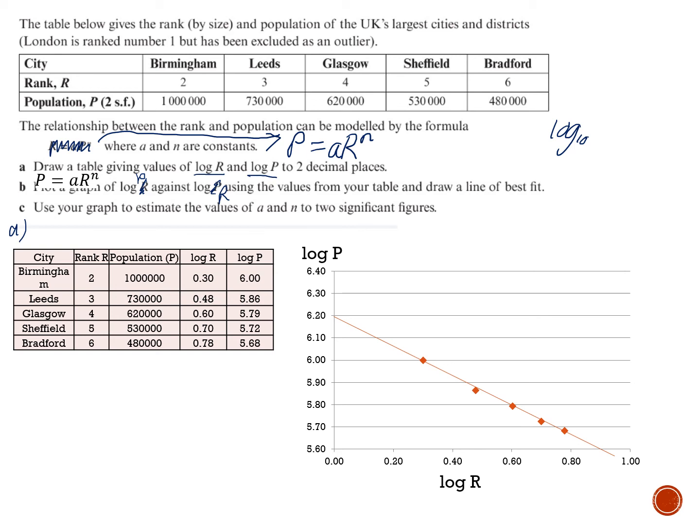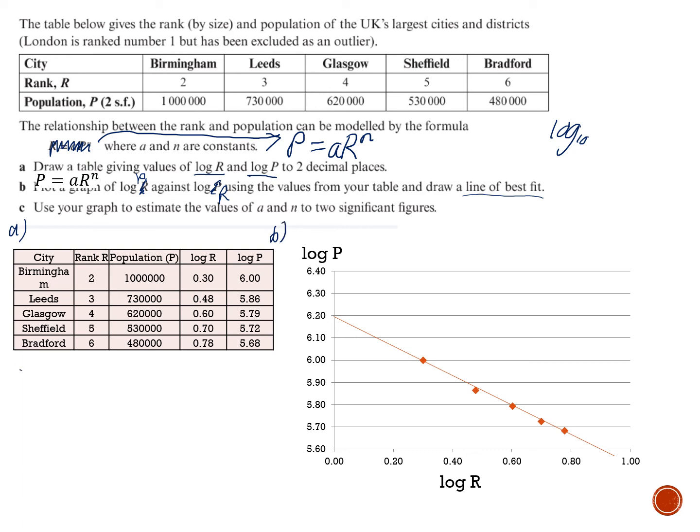Now, line of best fit, remember those from scatter graphs? So that's drawing a line that fits through those points as best as you can. You can see it goes through the majority of them, one or two of them a little bit off, but generally it goes through those. Okay, so that's part B there.